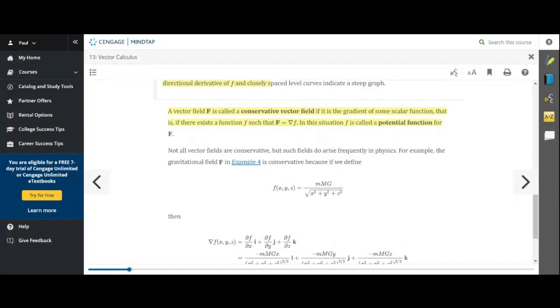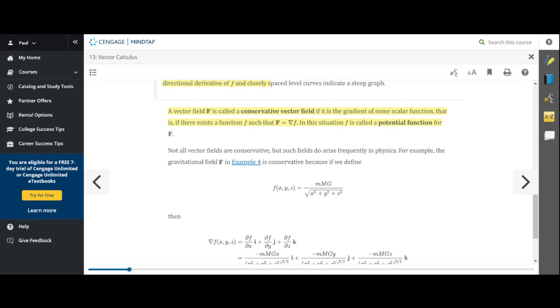A vector field is called a conservative vector field if the gradient of some function f is equal to that vector field. So the gradient of a function f equals that vector field. In this situation, the function f is called the potential function.